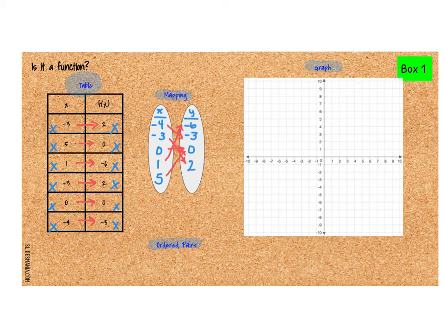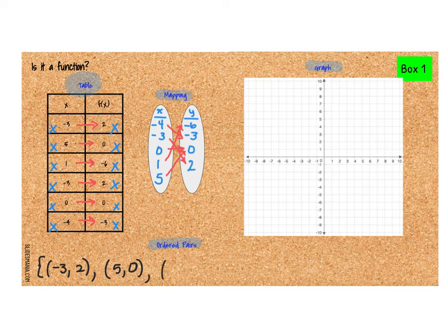The next one that we're going to do, and I'm actually going to do ordered pairs first before I do the graphing. For ordered pairs, we're basically going to put the numbers that we already have in the table in parentheses. So we're going to do -3, comma 2. Then we have 5, comma 0.